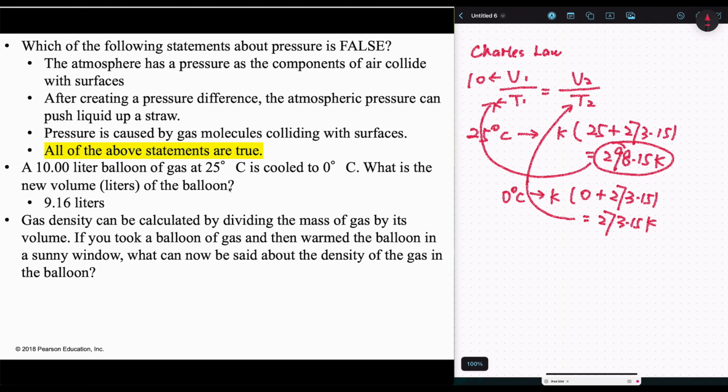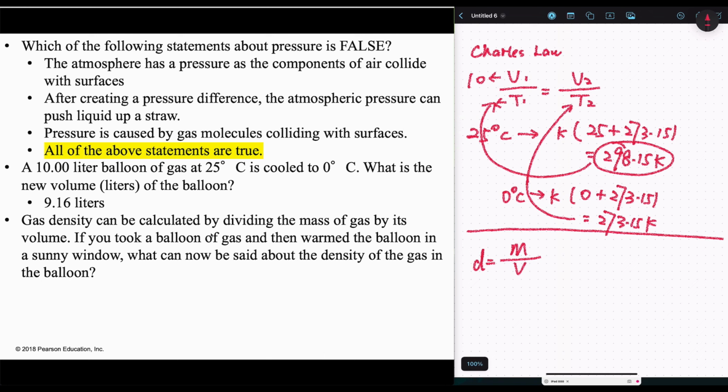The third question is saying that the gas density can be calculated by dividing the mass of the gas by its volume. If we took a balloon of the gas and then warmed the balloon in a sunny window, what can now be said about the density of the gas in the balloon? Based on the statement, we know the density equals the mass over the volume, right?